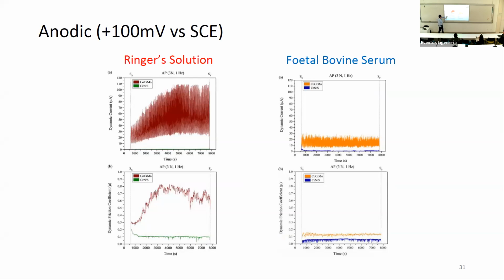And as you can see, the untreated is getting high current, high type 1. In bovine serum, the untreated is exhibiting much less current because the protein forms a film on the surface which limits anodic corrosion. For the chrome nitride, we're exhibiting almost 0 current in both cases.